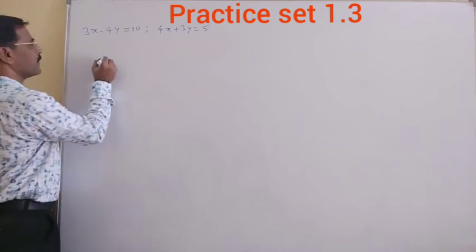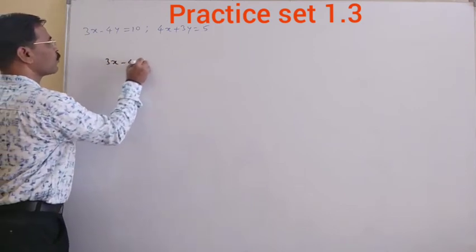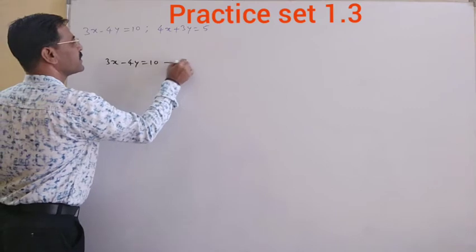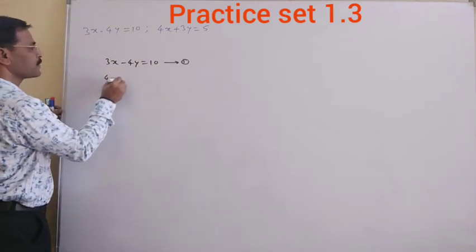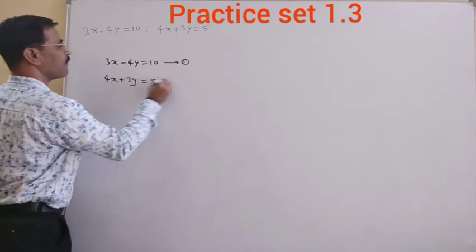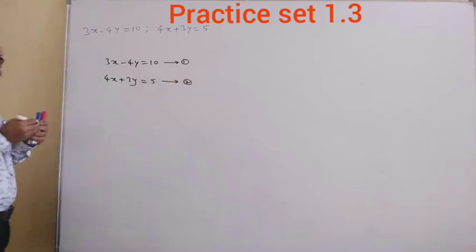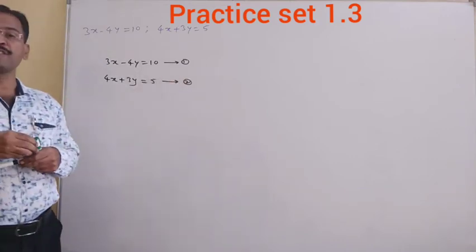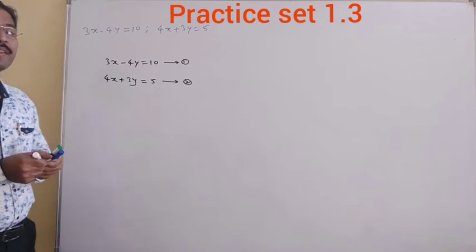Write them one by one. 3x minus 4y equals 10, this is equation number 1. 4x plus 3y equals 5, this is equation number 2. Now our usual procedure is 12, 32, 13.